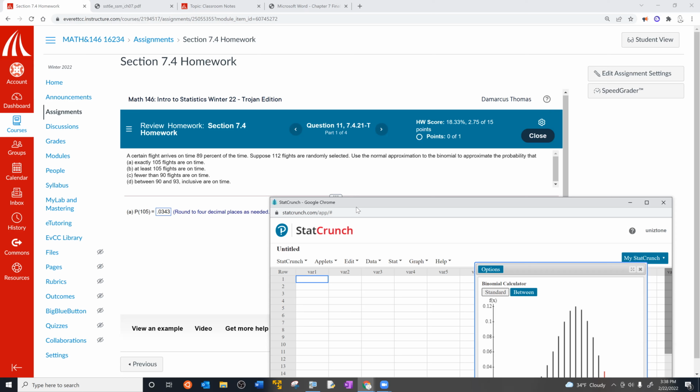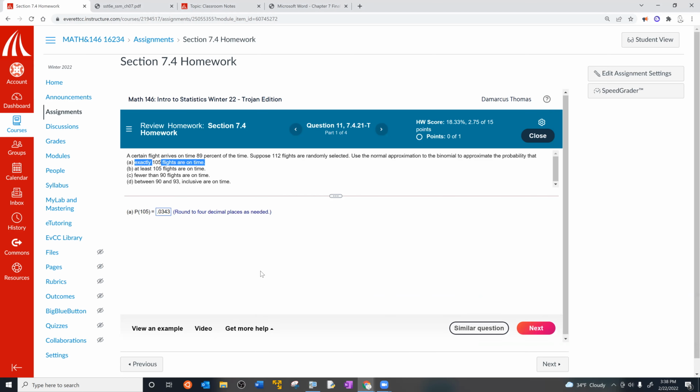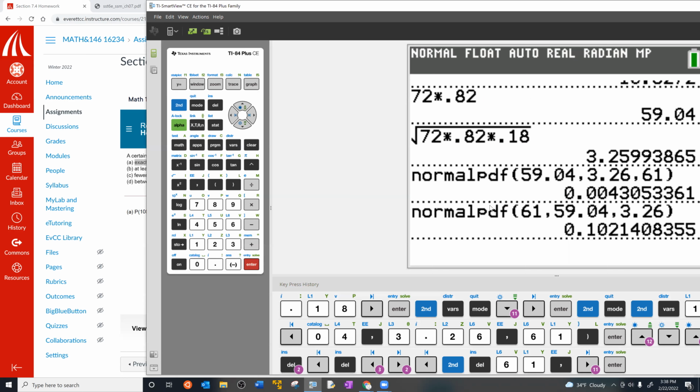When it comes to the exact value, StatCrunch doesn't have that, but the calculator does. The calculator has the normalPDF button, not normalcdf, but normalpdf. So for this one, we'd have to use the normalpdf.